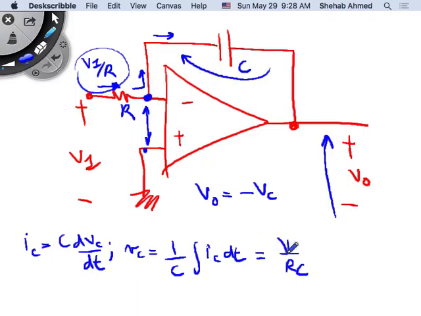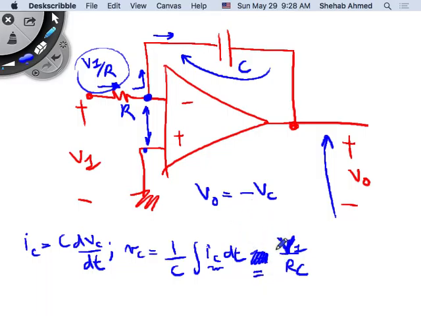So I can take my VI over R, that's the current, outside the integral. I also had a C outside, so I kept it outside here, right? That's not VC, this is V output. So the integration of the current will give you VI RC.